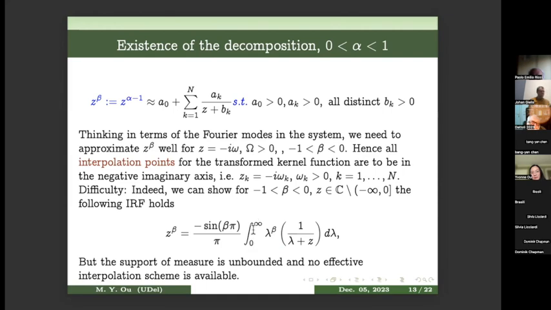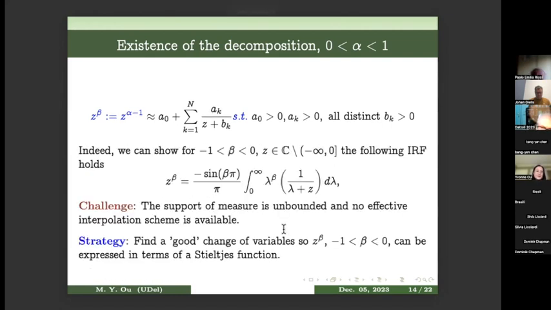You see the support of this measure here is infinite. So when I try to approximate this, the result is not good. So my goal is, from here, can I get a Stieltjes function? If you use Herglotz-Nevanlinna straightforwardly, you'll get this one, but this is not useful. I need something better.